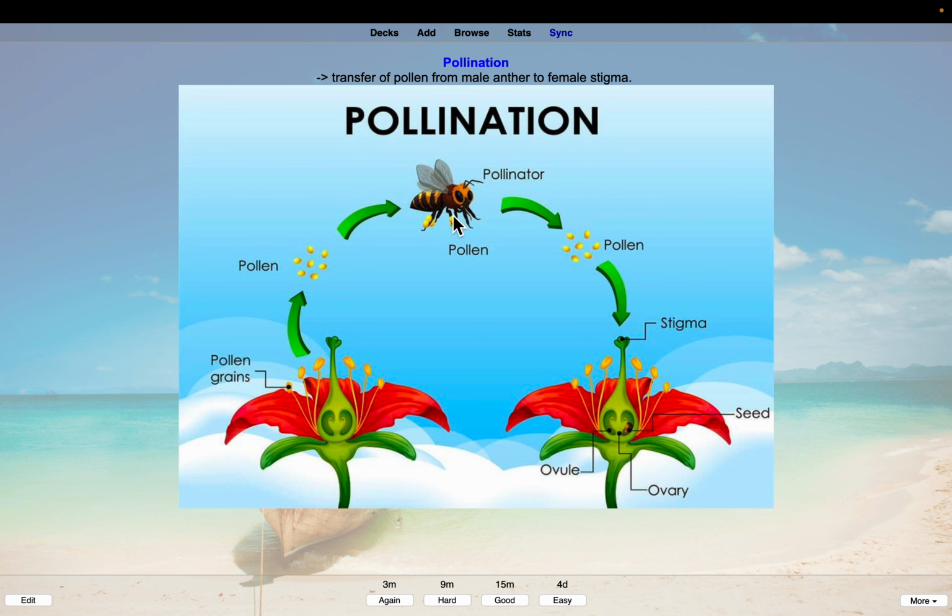One of them is because of the bee. Not just one bee, many bees. So basically, pollination is done by a lot, a lot of bees, and not just bees, many other animals.